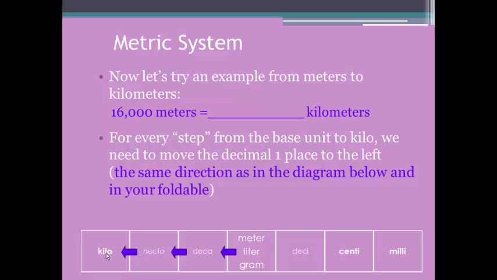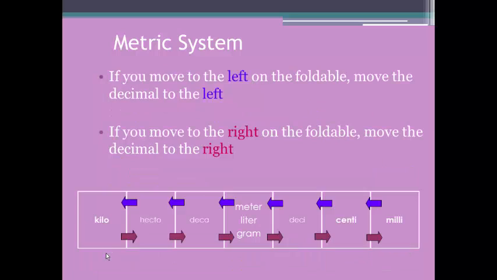If you're not sure how I did that, then pause me and try to do it on paper, moving the decimal place. If you move to the left on your foldable, you're going to move the decimal to the left. And if you move to the right on the foldable, you're going to move the decimal to the right.